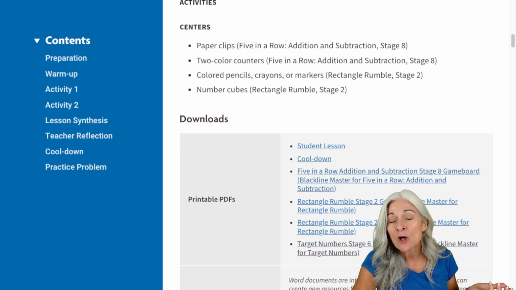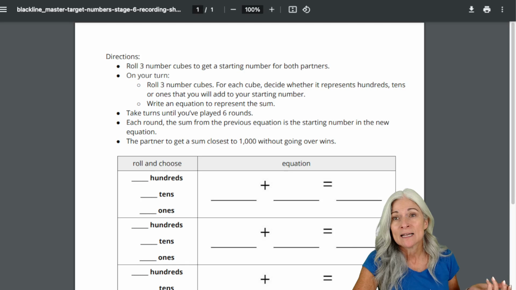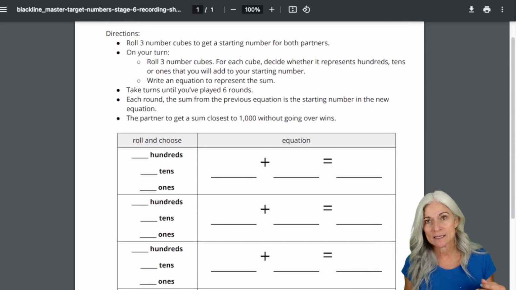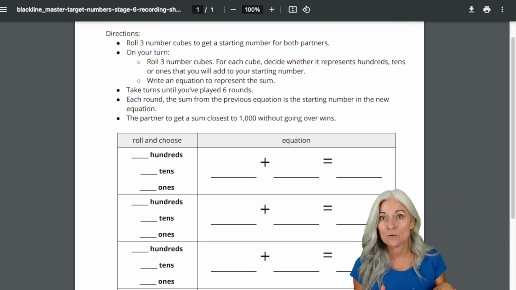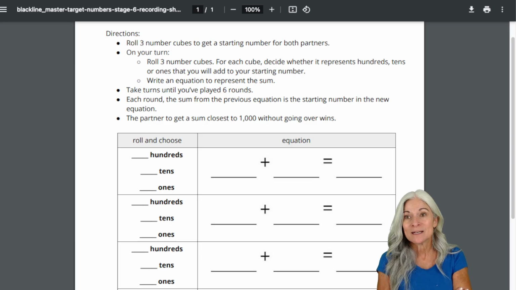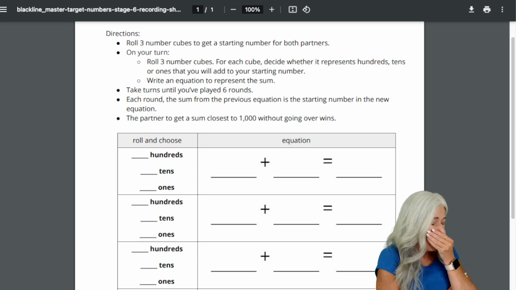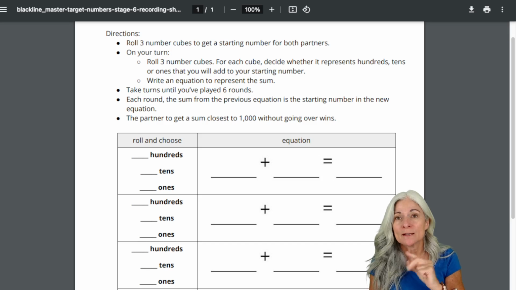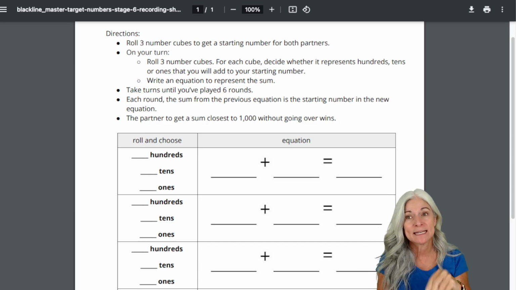There's another one called target numbers that takes a little bit more instruction. So I thought this one might be better as a school one to do in school. So what you're trying to do is get the sum as close to 1,000 without going over. So their partners roll three number cubes to get a starting number.